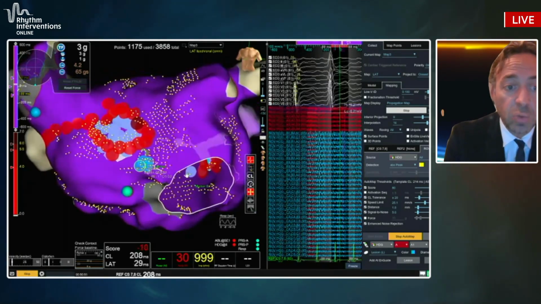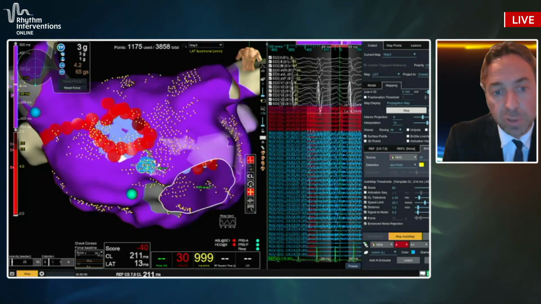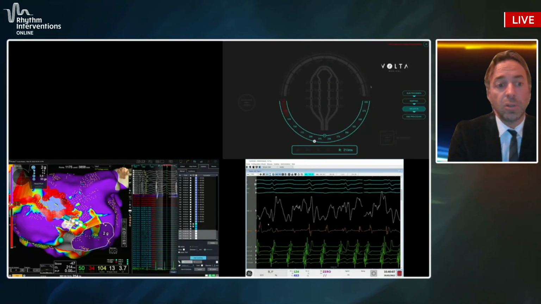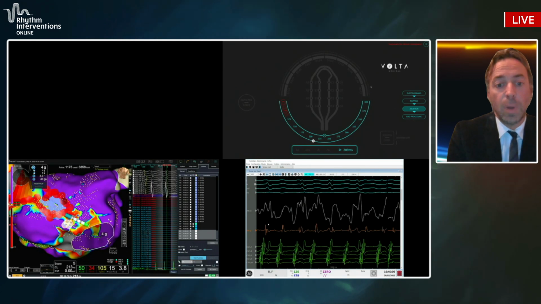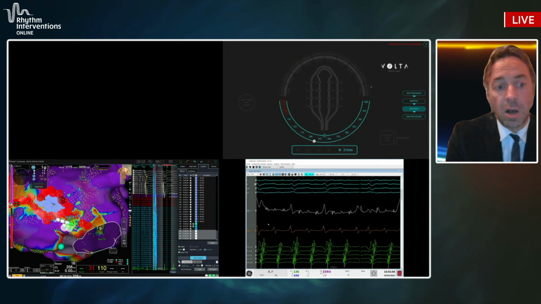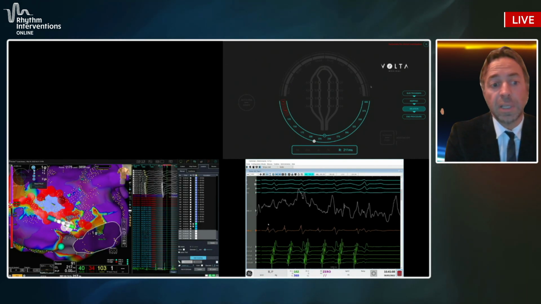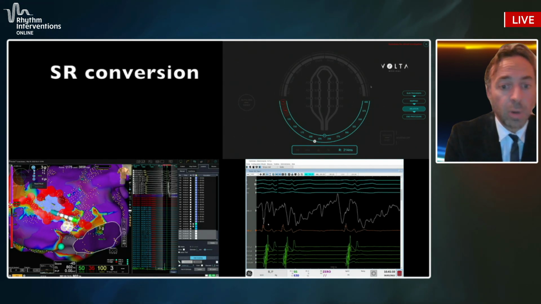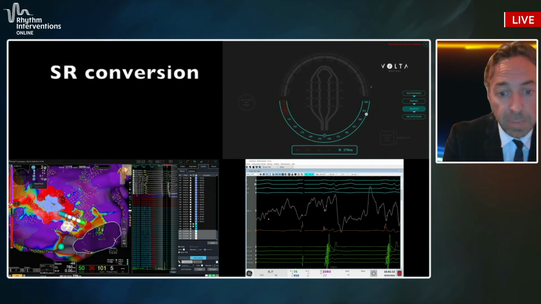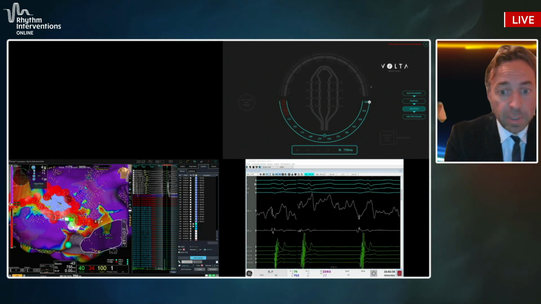And we decided here to complete the ablation on the anterior wall and not perform a posterior lateral line, but just a few simple applications in this low voltage area to connect the mitral valve to our circular ablation on the anterior wall. And we terminate the flutter directly into sinus rhythm.